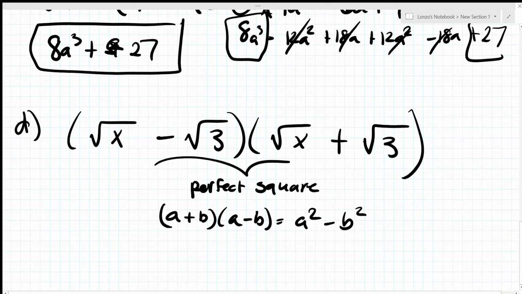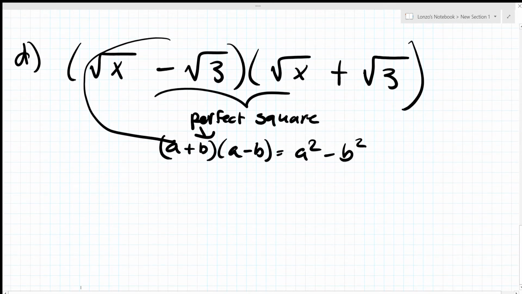So let's see here. Yes, we've got to figure out which side it looks like. It looks like this part, the left. So we're just going to make it look like the right side. First we've got to figure out my a. My a is square root of x, and my b is square root of 3.